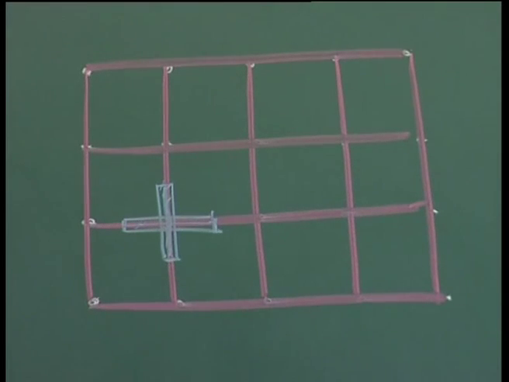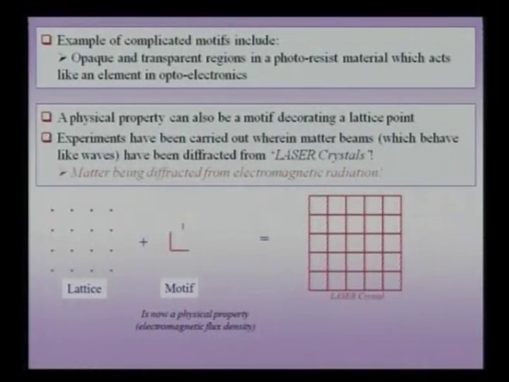So in other words, this is a very curious experiment wherein people have actually made a lattice, or a crystal to be more precise, made out of laser beams, and actually have diffracted matter through it. This is an inverse of the common diffraction experiment which you might think of, wherein you have a crystal made of atomic entities and you send electromagnetic radiation to diffract from that kind of atomic entity.